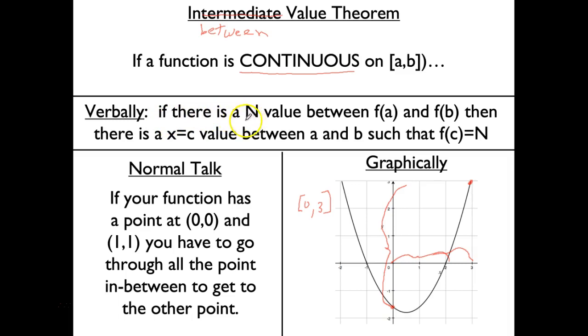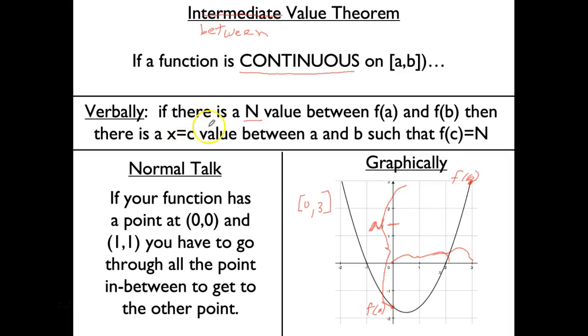It says if there is an n value, okay, they're talking about the y value, so just grab a y value in between here. We'll call this the n value, okay? If there is an n value between f of a and f of b, now that would be my y values, f of a, and then this one would be f of b. Okay, so we're saying that n is between f of a and f of b.